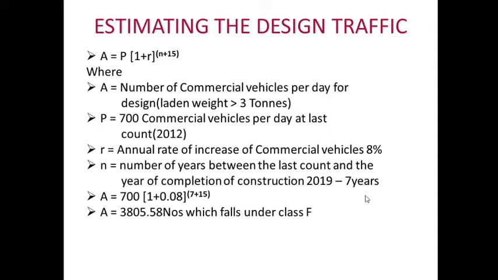Based on the number of vehicles per day, we can classify the traffic from A to F. If the traffic is A, the number of commercial vehicles per day is 0 to 15, whereas B is 15 to 45, C is 45 to 150, D is 150 to 450 commercial vehicles per day, and F means 1,500 to 4,500.